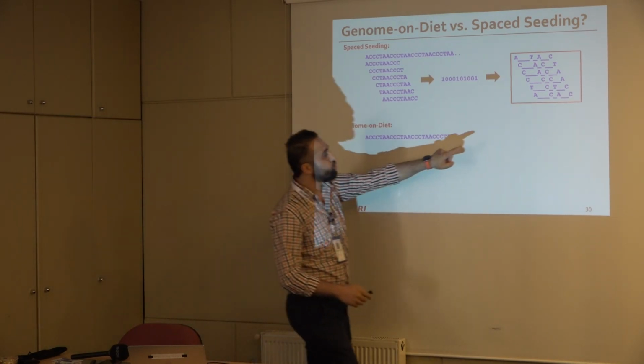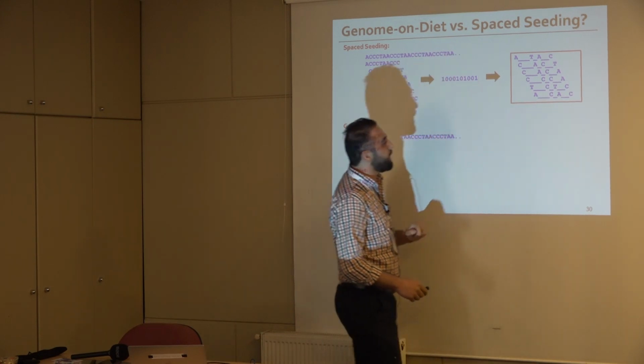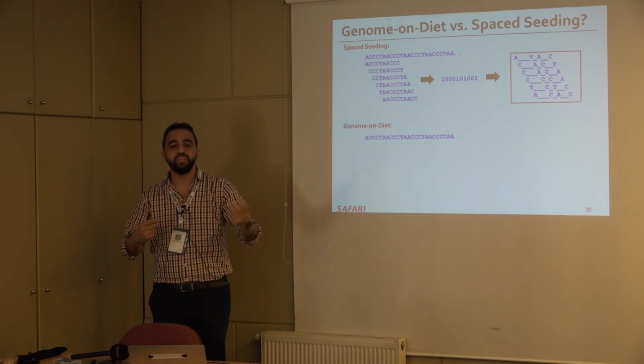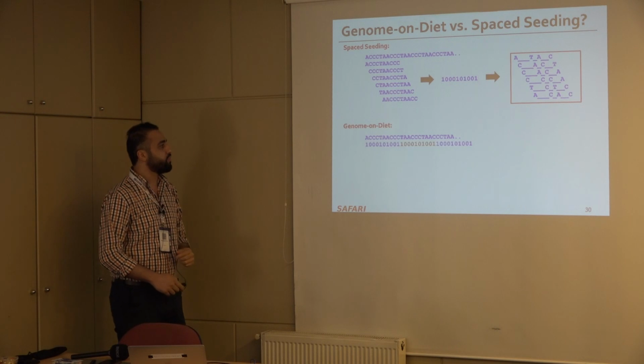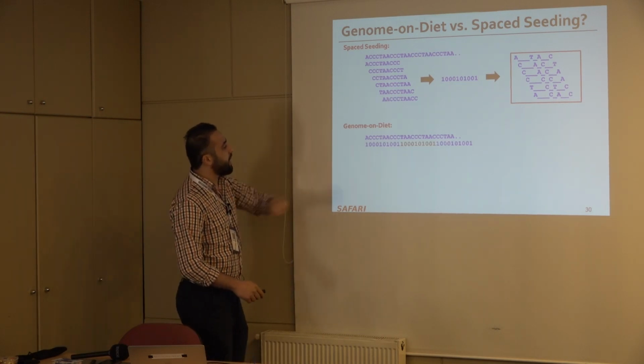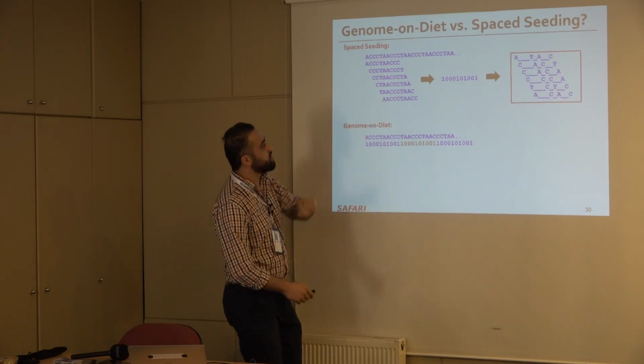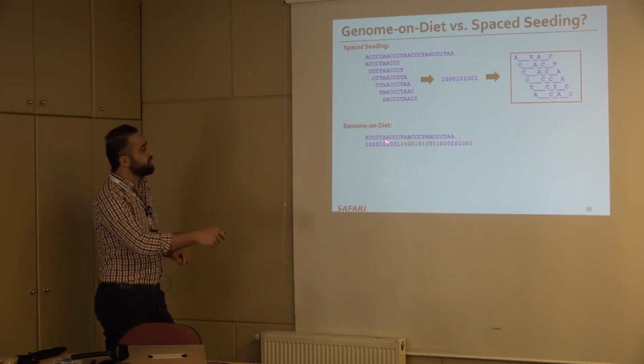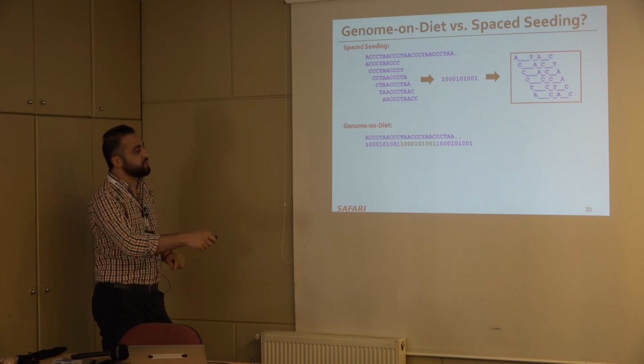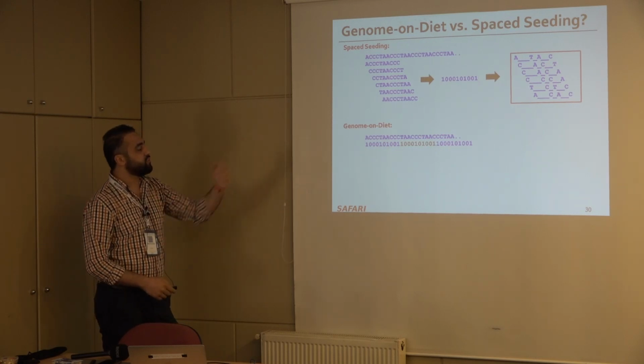So we are going to store those, and you can see how we can tolerate differences by excluding some of the bases from the k-mer itself. Now in our proposed method, we use the exact same pattern provided by the user in the spaced seeding, but we repeat it all over the input sequence. Now how is this different from that?